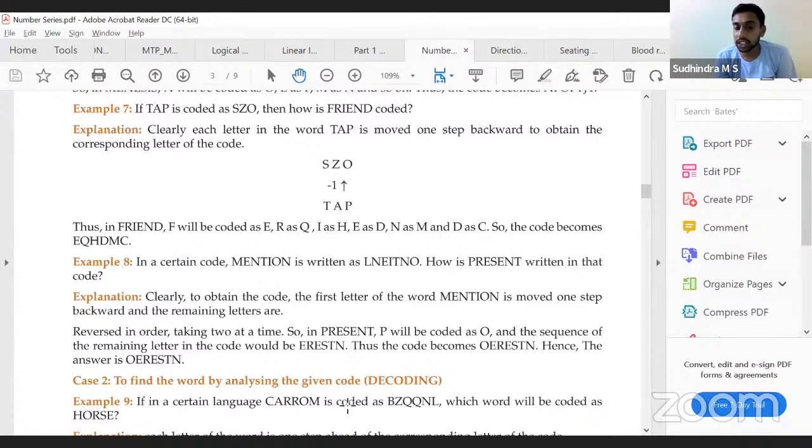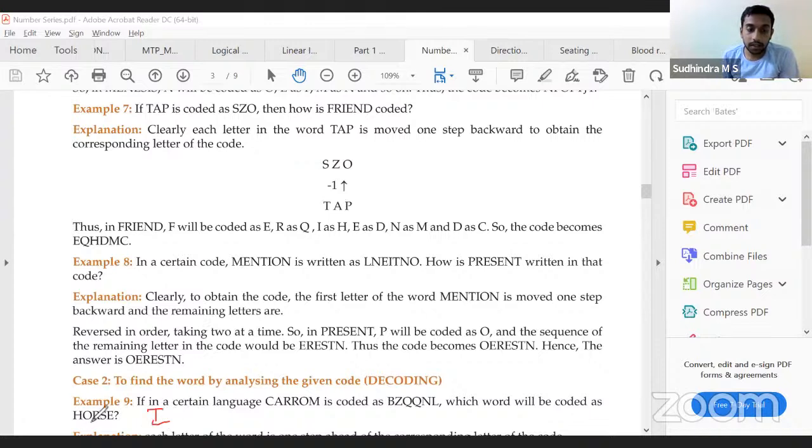Then this is reverse decoding. In a certain language, carom is coded as so and so. Which word would be coded as horse? So this is the code word, horse. What is the root word? You have to find out. Logic is simple. The coded word is the previous letters. So if I have to find out the original word, what I have to do? I have to identify the next letters. Right? So what are the next letters?